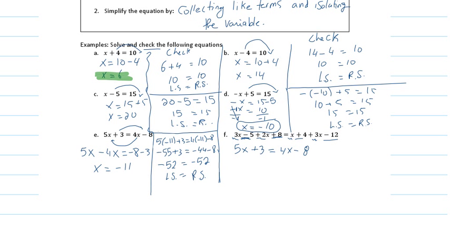So now you see that this actually is exactly the same as this. It's not even funny. It ended up being exactly the same equation as E. You see that? 5x plus 3 equals 4x minus 8.